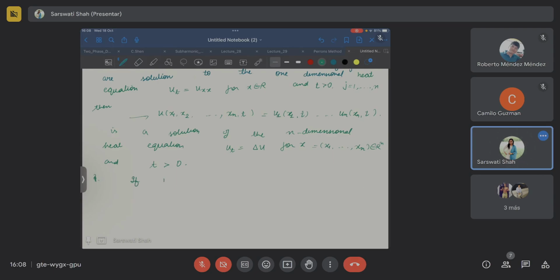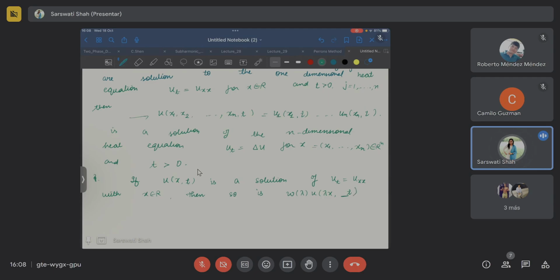If u(x, t) is a solution of u_t = u_xx with x belongs to R, then so is w_lambda, u(lambda x, ...). What will come to this slot?